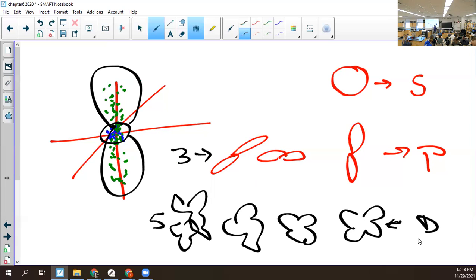We have S. That's the circles or spheres. How many did I draw? One. Thanks for asking, because I did forget. S, there's just one. Now it will repeat. I said I drew a small one, then I had a bigger one. Any idea what we call the first one? 1S.